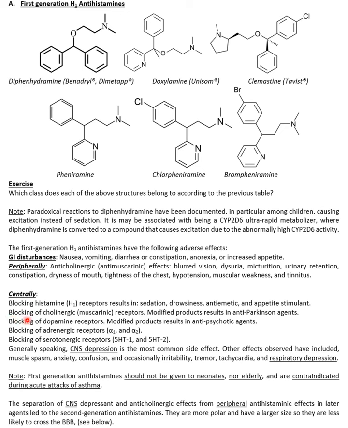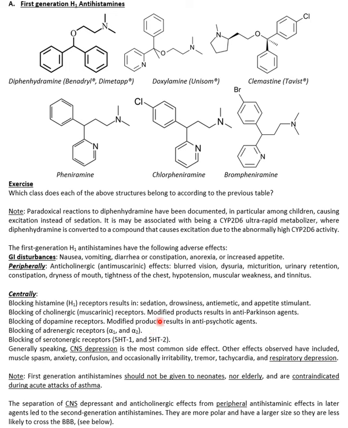Another CNS or central adverse effect of the H1 antagonist on the brain is by blocking the cholinergic receptor and producing an antimuscarinic effect, and this is a central antimuscarinic effect, different than the antimuscarinic effect peripherally.